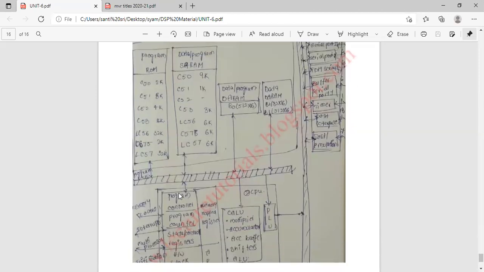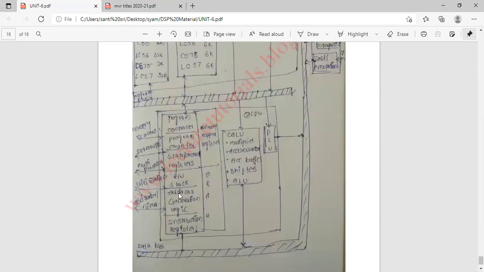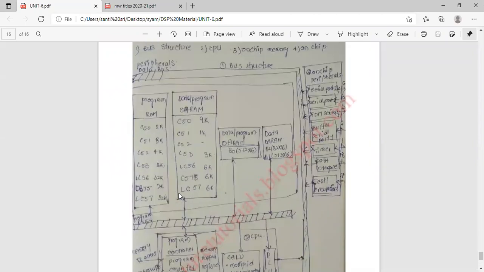After that, we will note down the CPU and on-chip memory. Note down this.